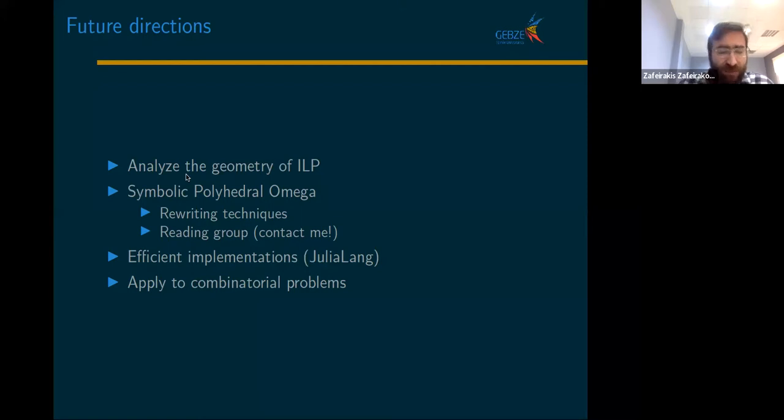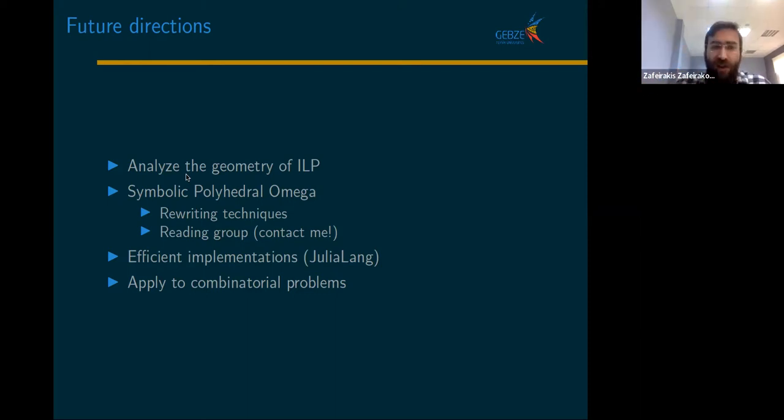A direction I didn't mention at all today, but I'm very interested in, is to generalize the Polyhedral Omega method to work in a dimension that is not fixed. Until now, we said that the input is this matrix. Now, what if I can describe a matrix without telling you the dimension? I give you a family of matrices. I'm saying the A_n is described in this way, and n can be anything.